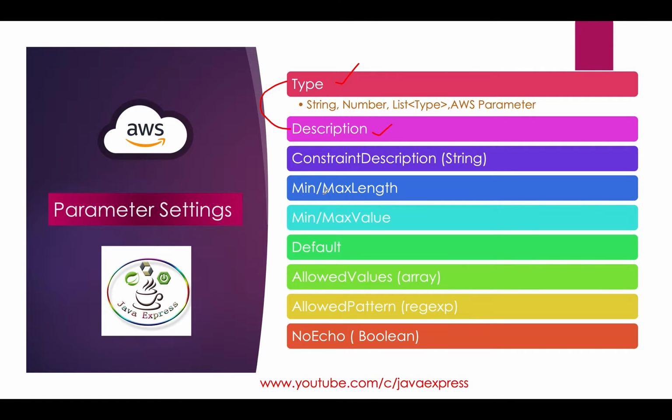You can use these two things, minimum and maximum. And for the default value, instead of taking input from the user, if you want to provide a default value, you can use the default tag. Allowed values and allowed pattern I will explain with real-time examples in later sessions. And NoEcho is like a boolean check. These are all parameter settings. I hope you are clear.